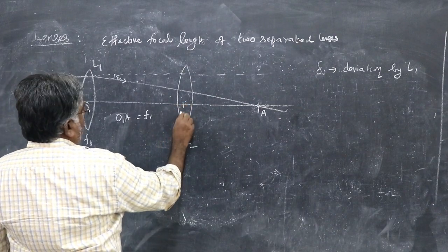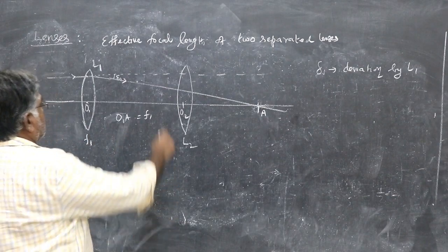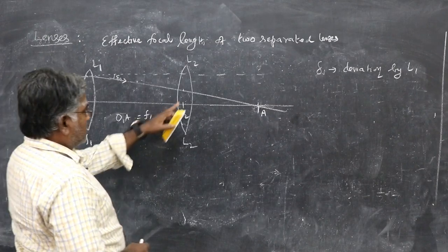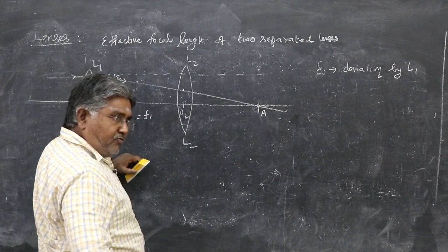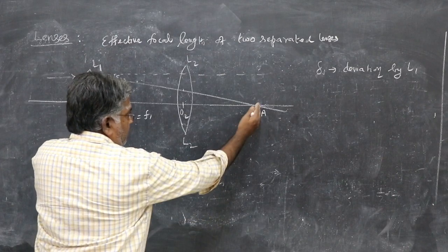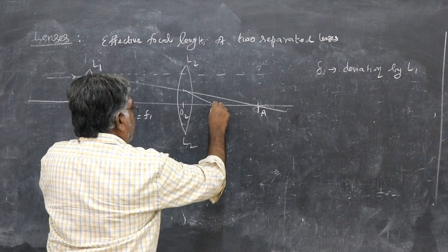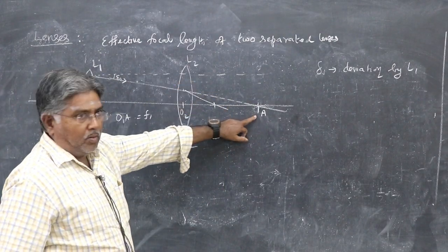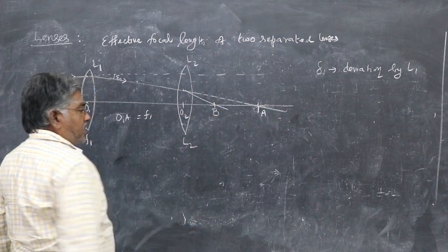Okay, optic center, they are coaxial. This lens is L2. Because of the second lens, the ray will bend further so that the image is brought closer. So somewhat it will be here. If L2 is not there, the image is formed at A. Because L2 is there, the image is formed at B.